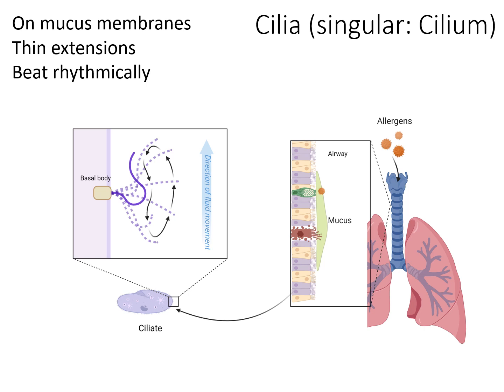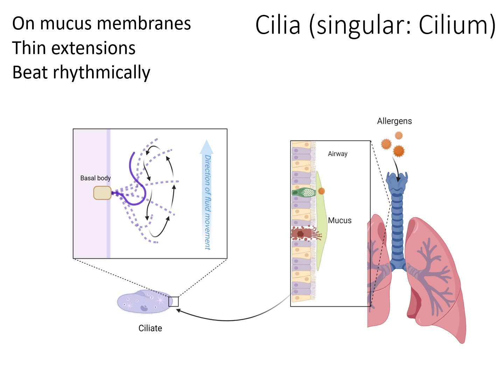So cilia can sometimes be confused with flagella. However, flagella are much longer structures, kind of like a tail, and flagella are present only on one type of cell in the human body, and we'll discuss that in a moment.